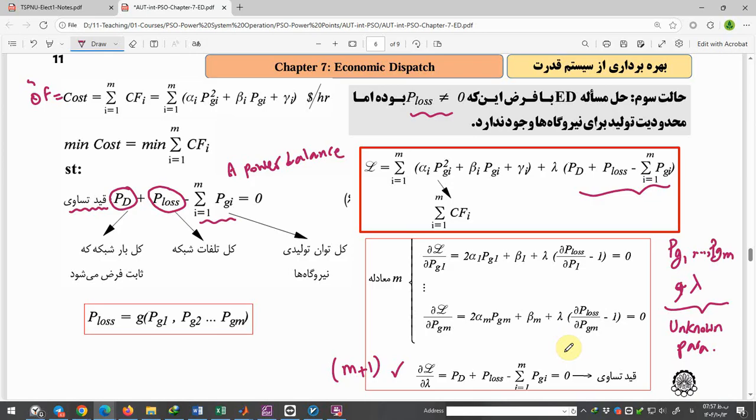The active power loss is a function of the active power generated by generator number 1, generator number 2, up to generator number M. So the active power loss is a function of the active power generated by each generator.